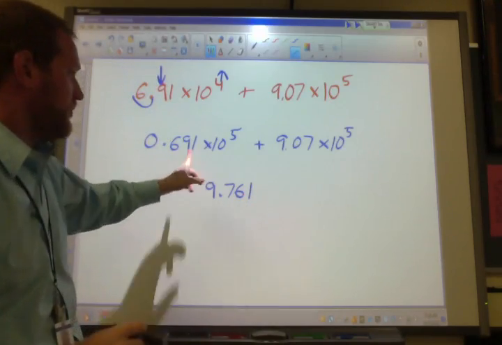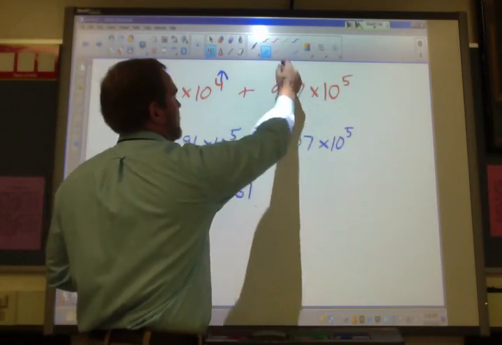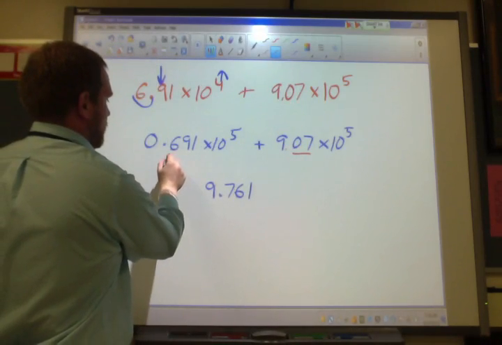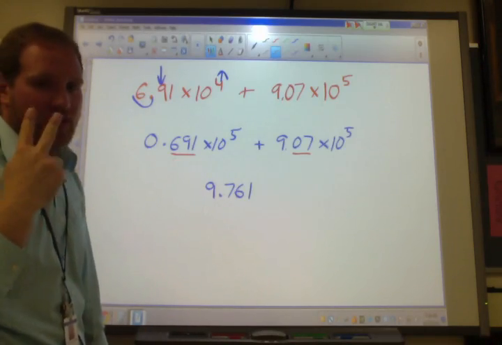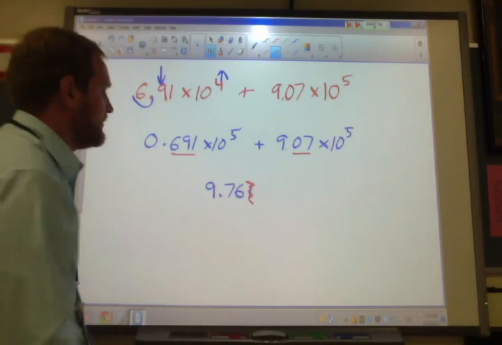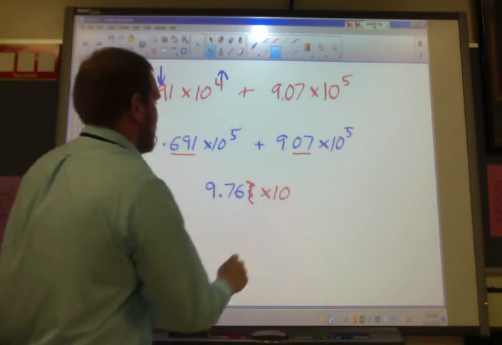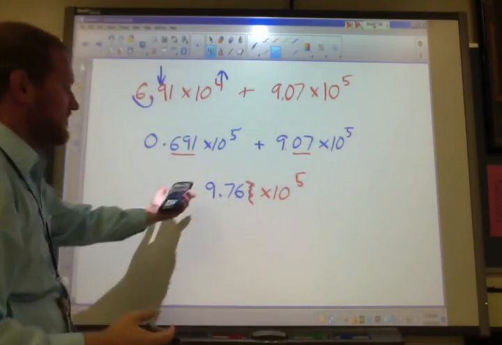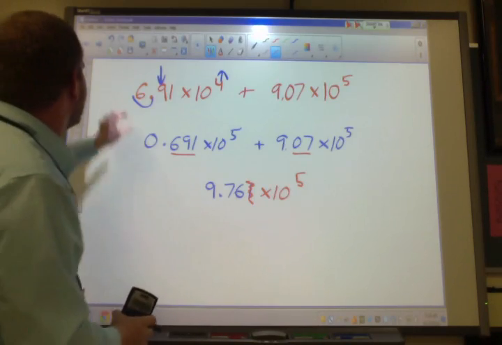And now this is tricky when we're adding. We look at our decimal places. 2 decimal places, 3 decimal places. I'm limited to 2 decimal places. Cut the 1 off. 9.76 times 10 to the, keep the same number, 5th. Adjust if necessary. We don't have to.